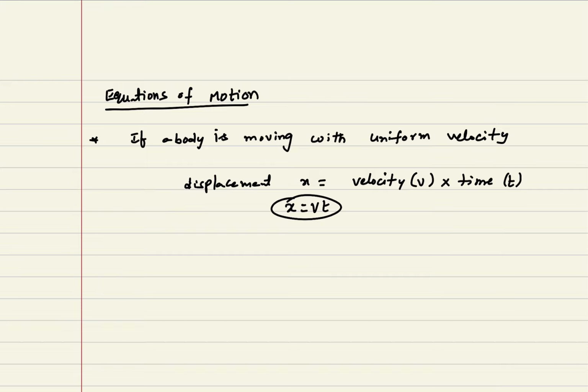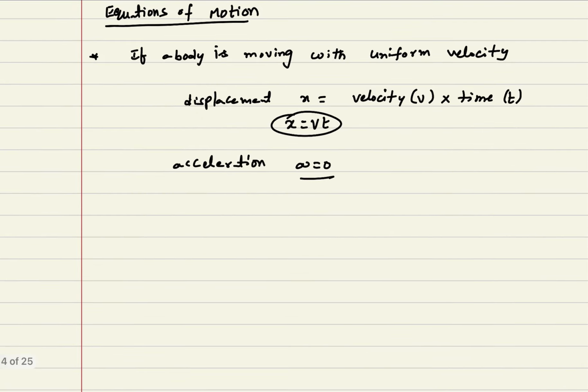So you can write x is equal to v into t. This is the relation. Now if you want to calculate acceleration value, you will get a is equal to 0 in this case. Only this equation is available.